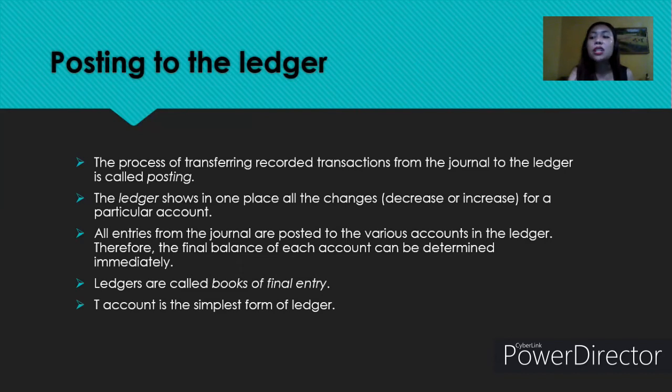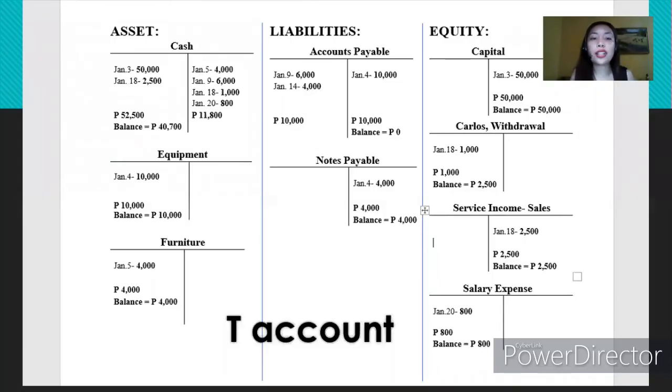Okay? So the T account is the simplest form of the ledger, and it's normally used in analyzing accounts instead of the actual ledger. Now, just to simplify, for posting to the ledger, you can use the T account. So this is one example of the T account.